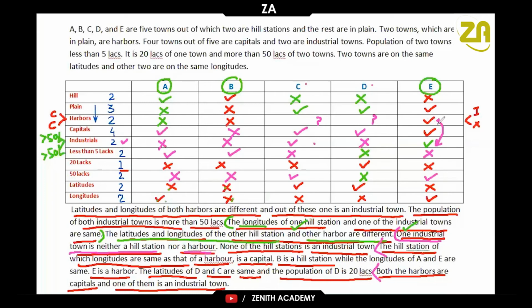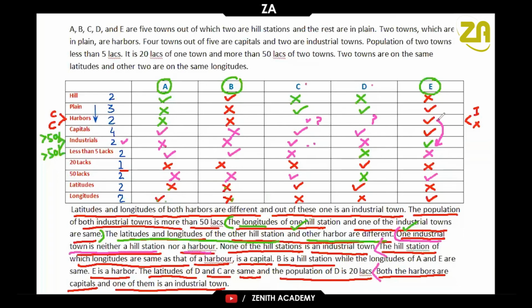So the second harbor should not be industrial. So now if you take this one, then it is not industrial. But if you choose this one, then this is industrial. It means if you take this one, then both the harbors become industrial. What is the condition?